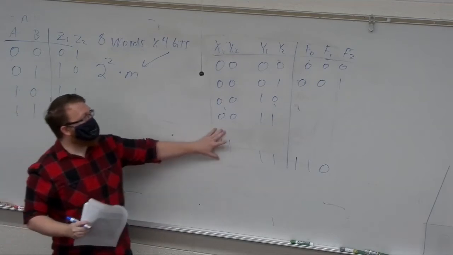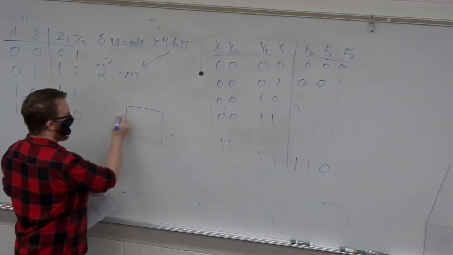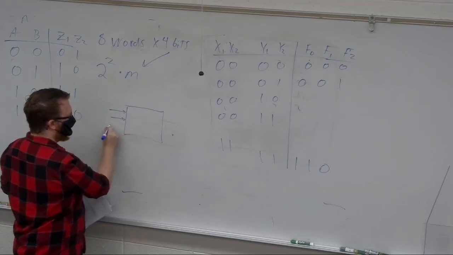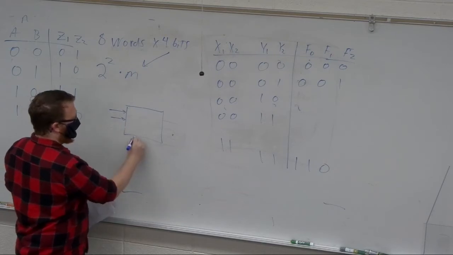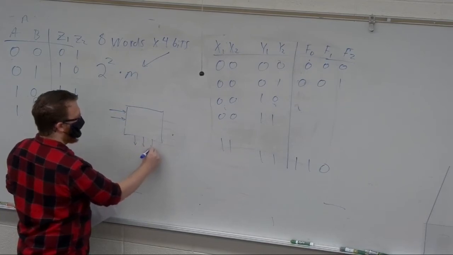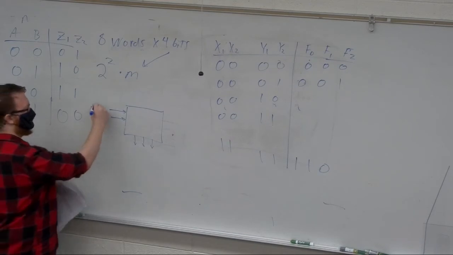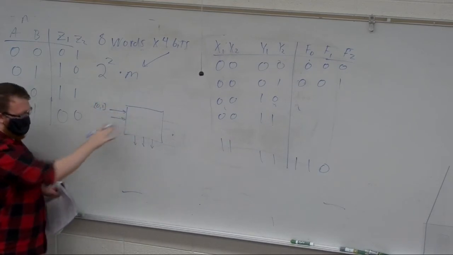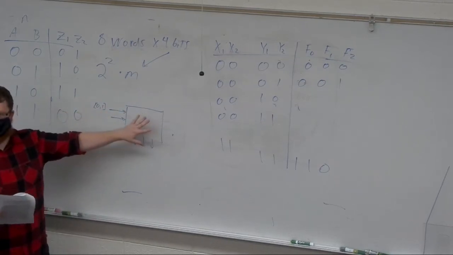And so what that's going to do is you're going to have this block with 2 inputs and 3 outputs. But each of these inputs is a 2-bit array, right?